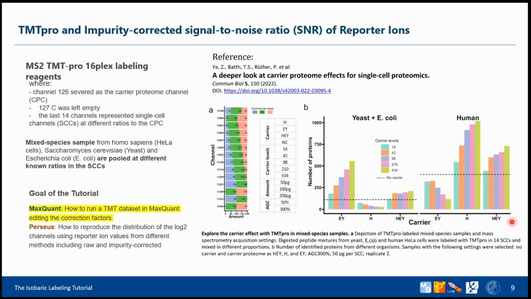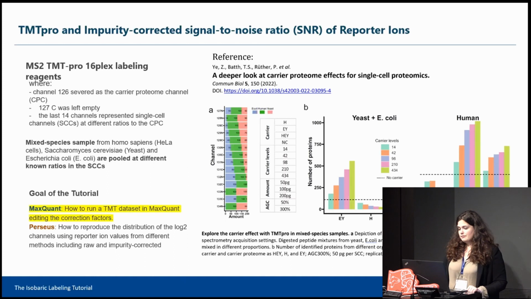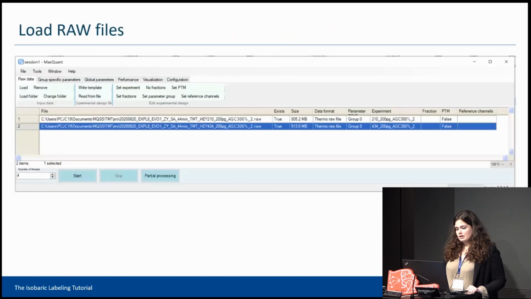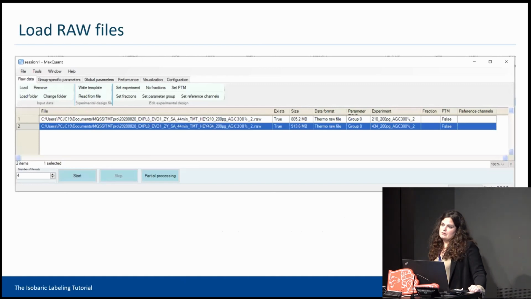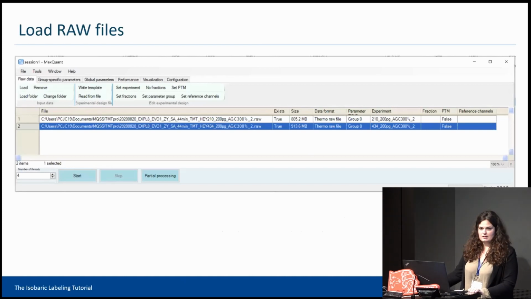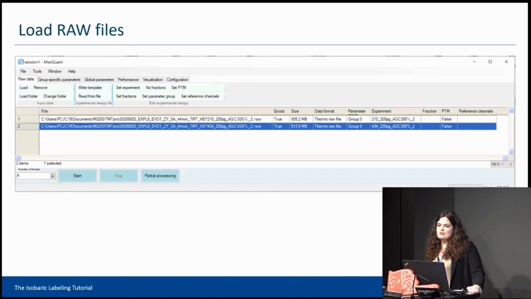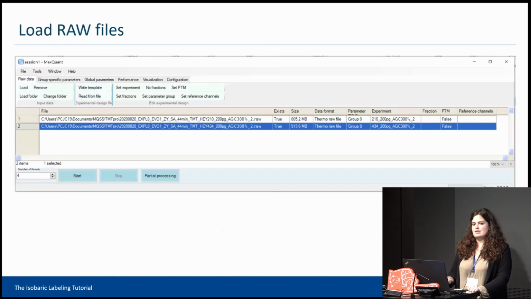Let's start with MaxQuant, the first part. First, as usual, we load our data. If you go to this paper, the raw data are available in a public repository. You will see that there are more raw data. Here you see only 2, because in the USB drive we uploaded only these 2, since uploading all of them takes a big size.